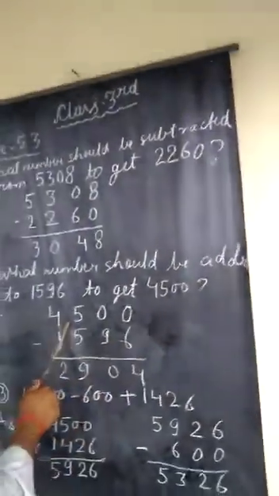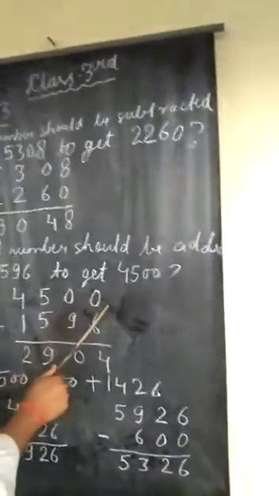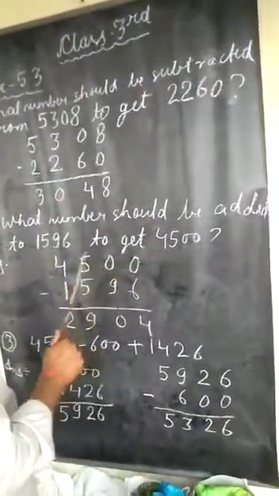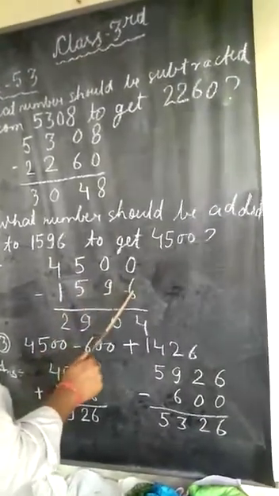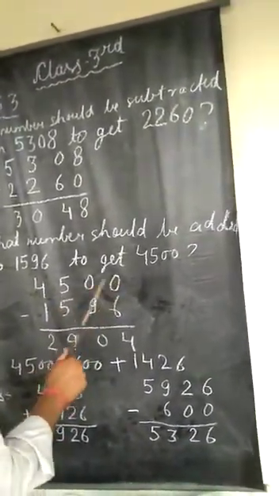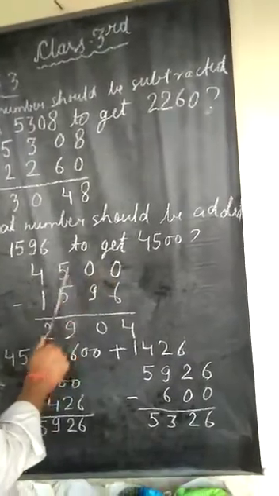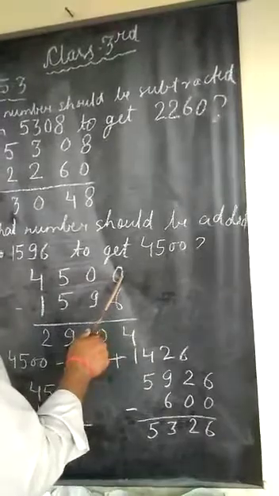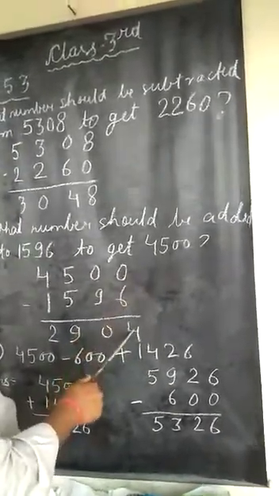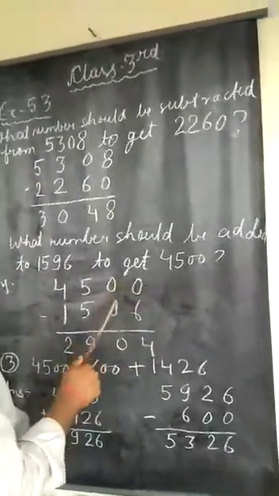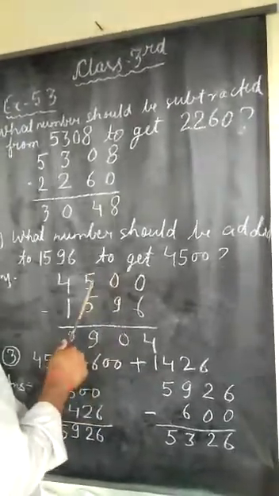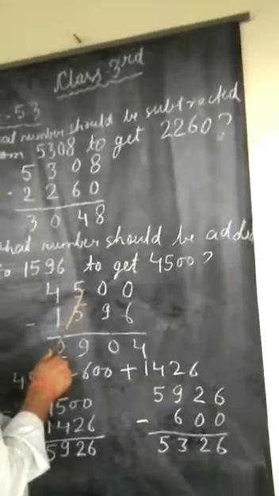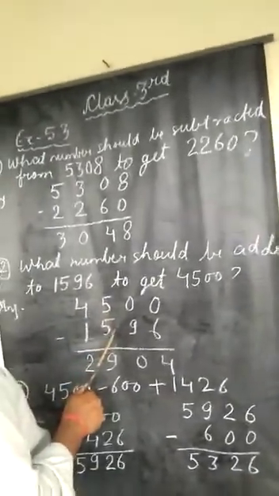We get the number after subtracting 1596 from 4500. Here we borrow. After borrowing, the 0 becomes 10, and we subtract 6, we get 4, and 9 minus 9 equals 0. Then, borrowing from 4, the value 14 minus 5, we get 9.